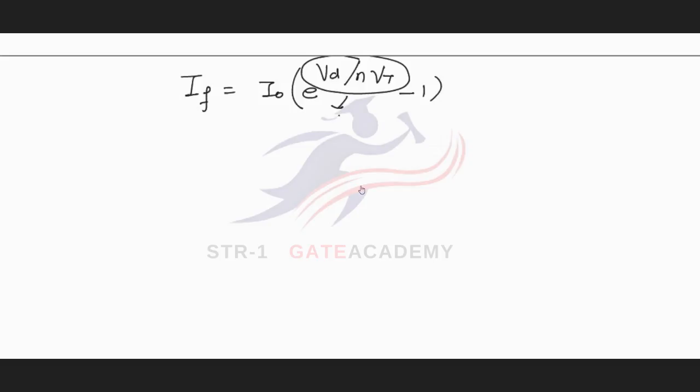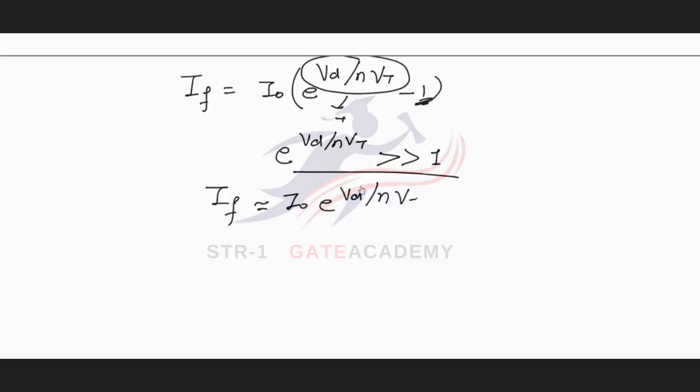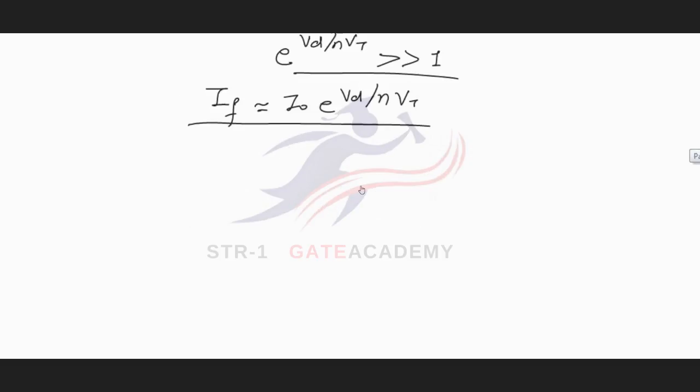As this part is positive, e raised to power Vd upon eta Vt will be a positive exponential and surely it will be very greater than 1. So I can neglect this one and can write IF nearly equal to I naught into e raised to power Vd upon eta Vt. Same equation used for reverse bias condition.